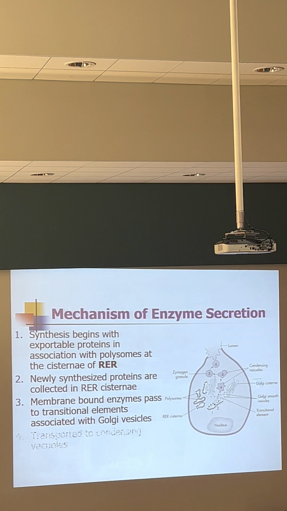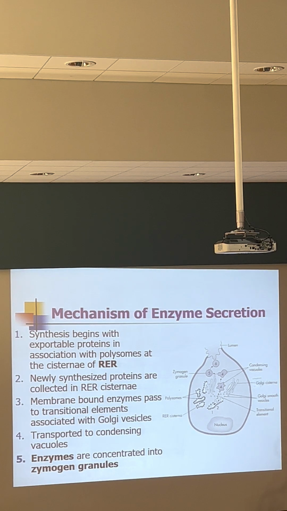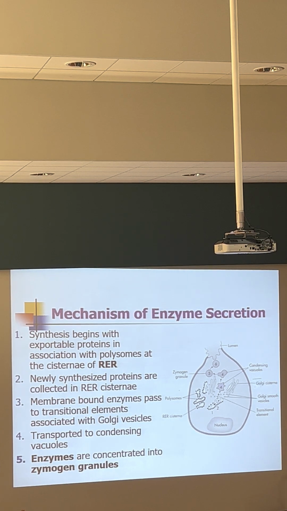After that, they are taken into the condensing vacuoles of the Golgi apparatus, concentrated there, and then passed into zymogen granules. And there, in the zymogen granules, they await a stimulus.